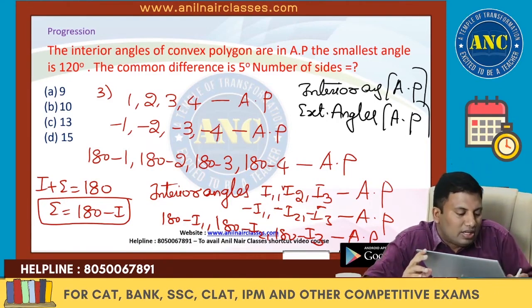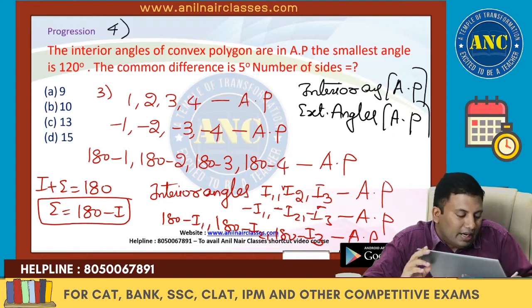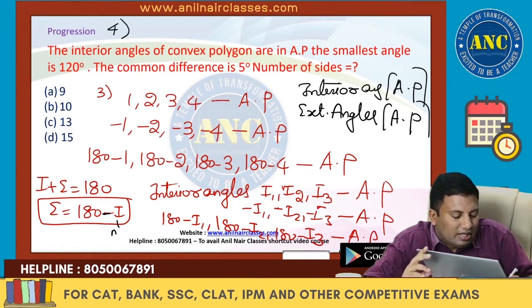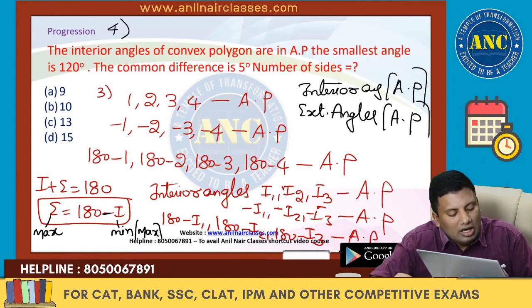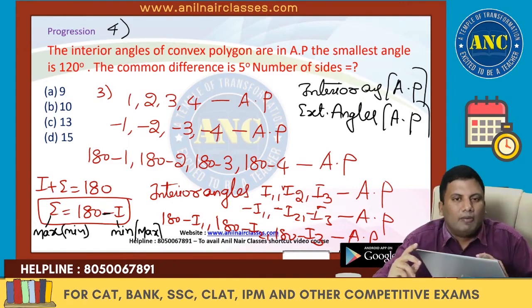But the only thing is, fourth key point, between interior and exterior there is a minus sign before interior. If the interior is minimum, exterior will be maximum. If the exterior is maximum, interior will be minimum. Or if the interior is maximum, exterior will be minimum.